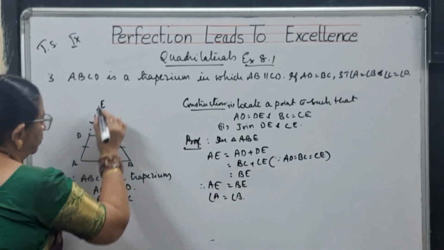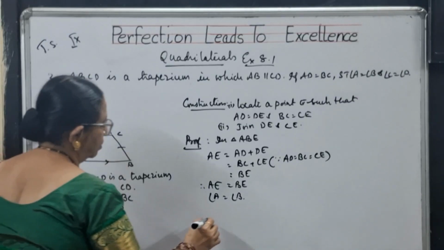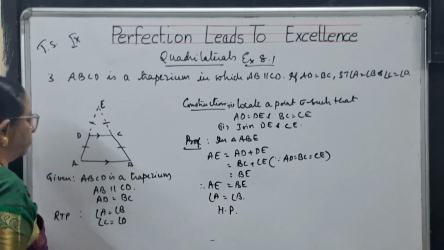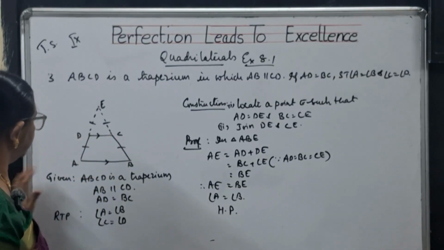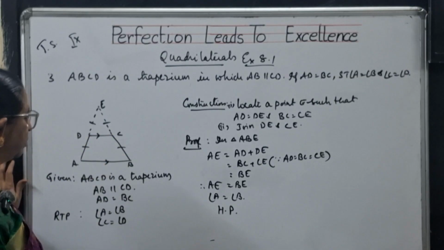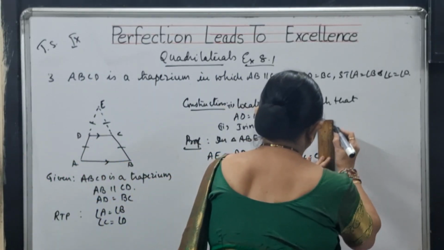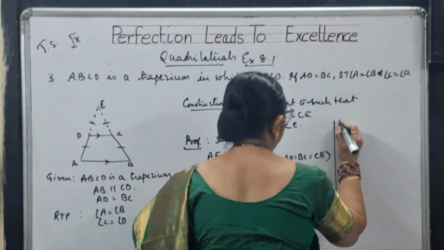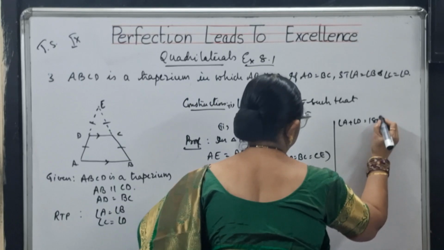See, in a triangle when two sides are equal, their opposite angles are equal. So this is the first proof that we have done. Next we need to prove angle C is equal to angle D. We need to prove. So let us see this. We know that angle A plus angle D is equal to 180 degrees.